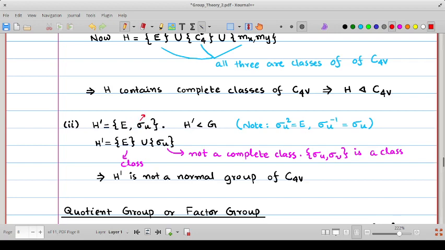Then the inverse of sigma U is sigma U itself, and the identity is also there. So this is a proper subgroup of C4V.